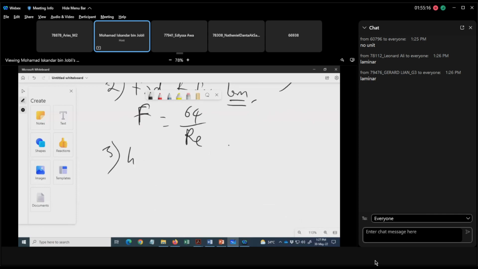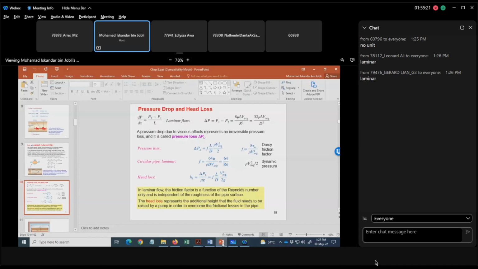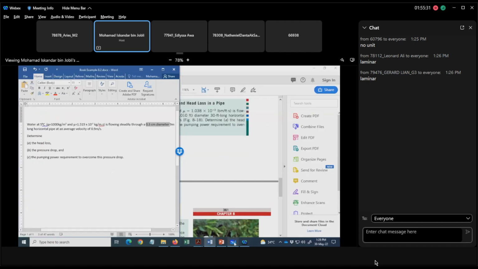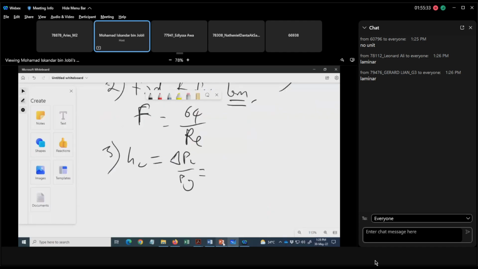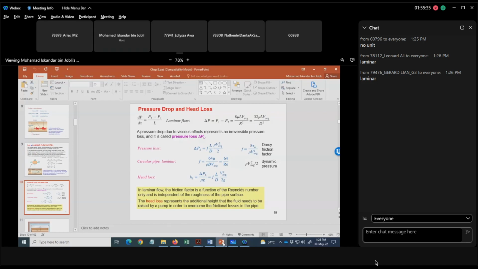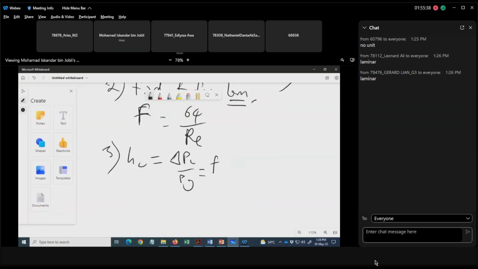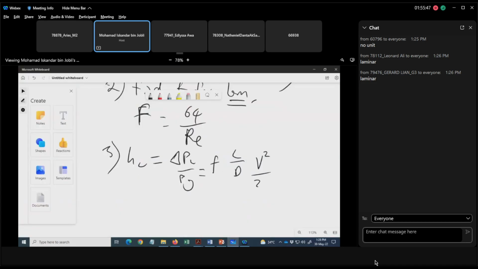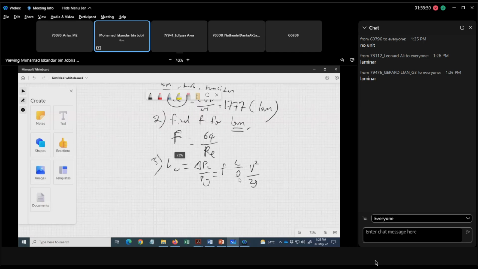HL equals delta P L over rho G. Or you can write this down as F L over D, V square over 2G.